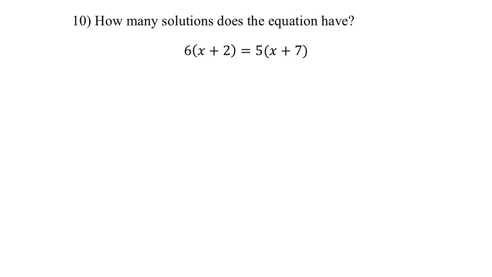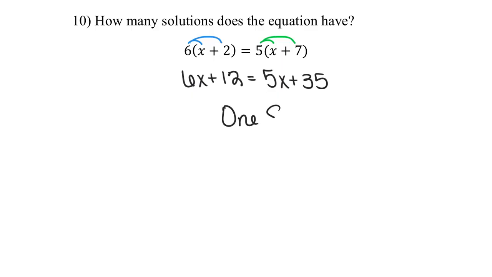Because the left part of the whole thing is 6x plus 12, and the right side is 5x plus 35. Very good. Once you do the distributive property, 6x plus 12 and 5x plus 35. One solution is 100% correct.